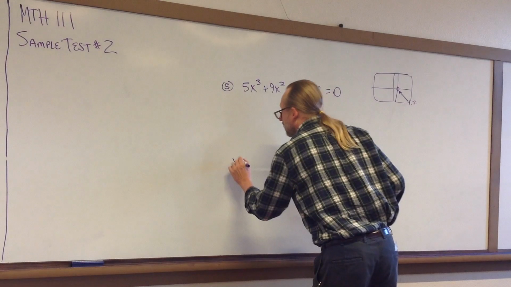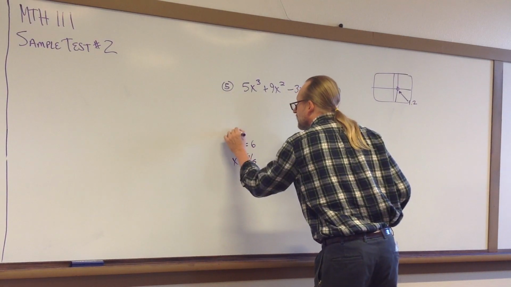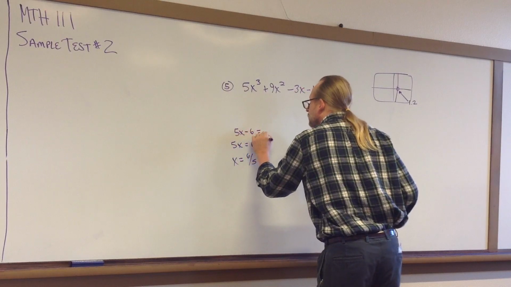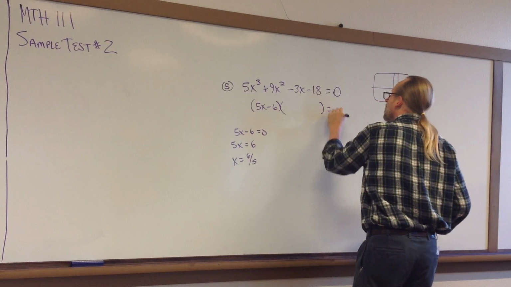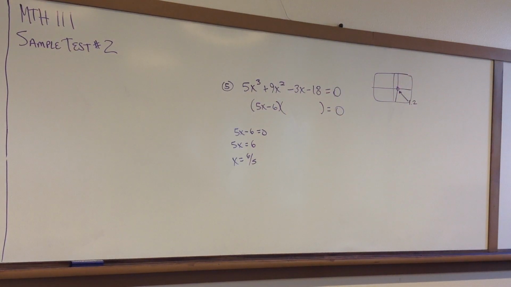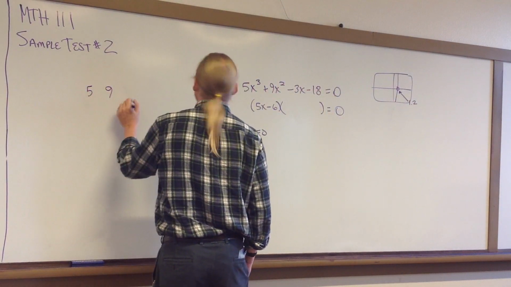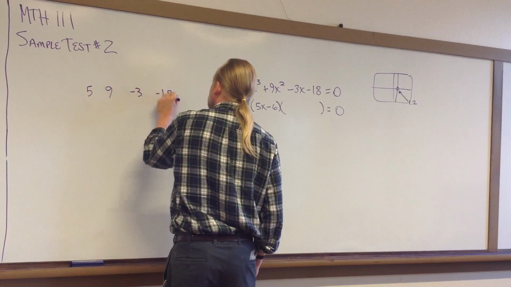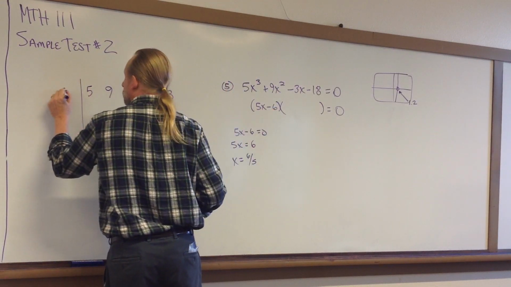So, if x is 6/5, 5x equals 6, and the factor we're interested in is going to be 5x minus 6. And then we can do the synthetic division and find out what the other factor is. So, let's see here. 5, 9, minus 3, minus 18. We'll use our 6/5.